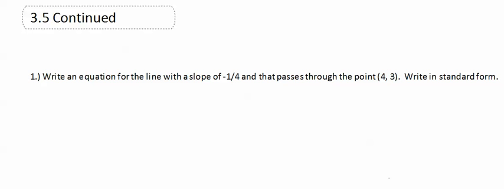Question 1 says write an equation for the line with a slope of 1/4 and passes through the point (4, 3). Again, we want to make sure we know the information we're given. We're given the slope and we're given a point. Therefore, we should use point slope form.